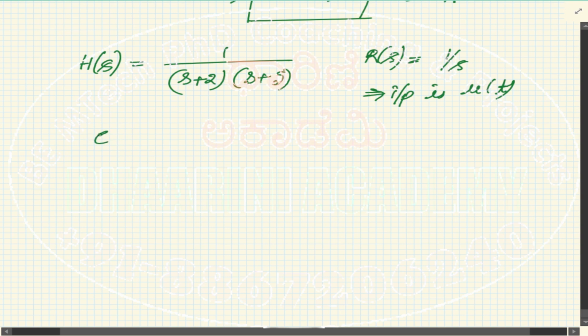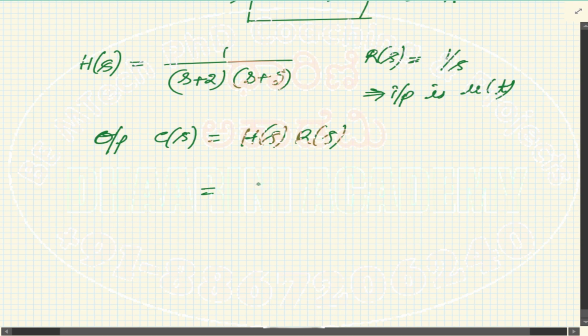So I'll write the output C of s, which is actually the product of the input R and H, the transfer function, that is H of s into R of s. So let's multiply.